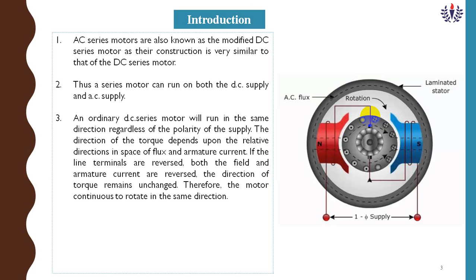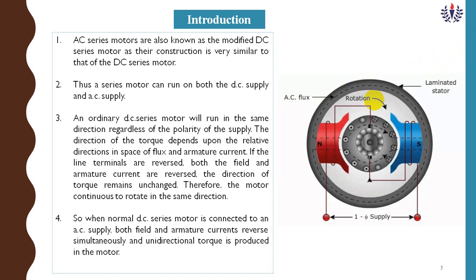If the line terminals are reversed, then both field and armature current are reversed, so the torque value remains unchanged. Therefore, the motor will continue to rotate only in the same direction.